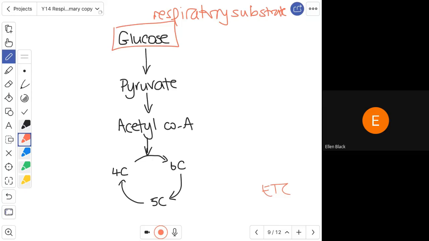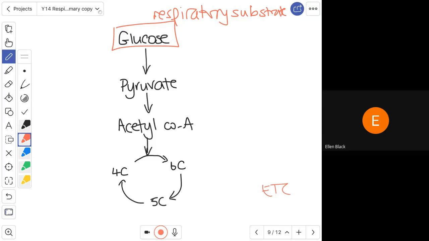Okay. Now, you don't just survive on a diet of glucose. You will eat all sorts of things. So you've got carbohydrates, proteins, fats. Any of those can actually be used as a substrate for respiration. But in most cases, it's glucose.